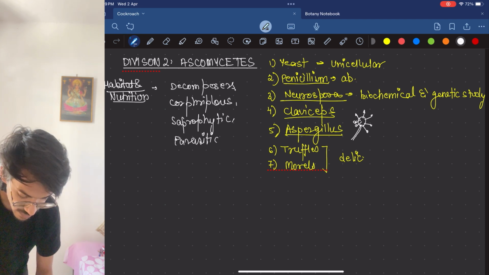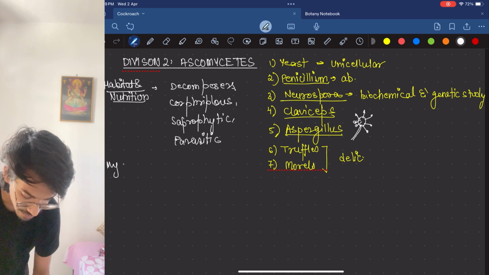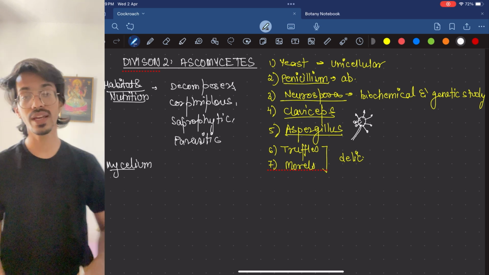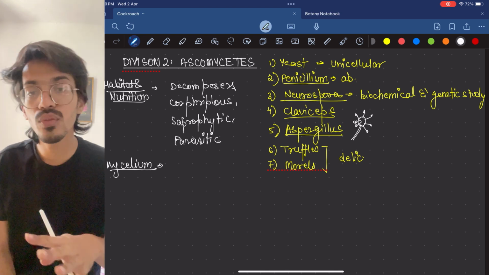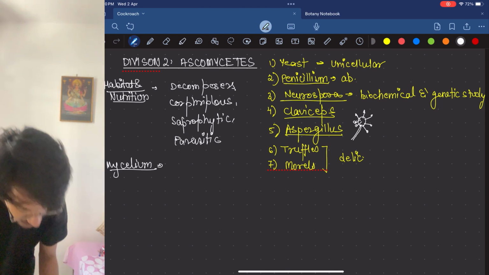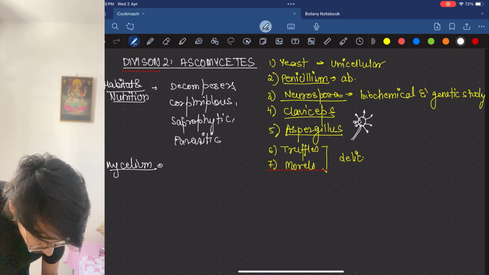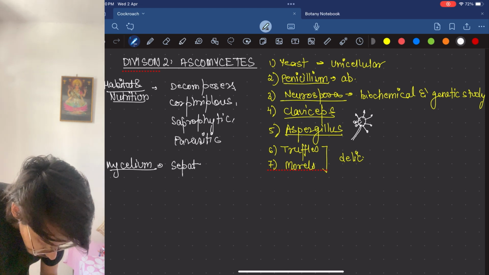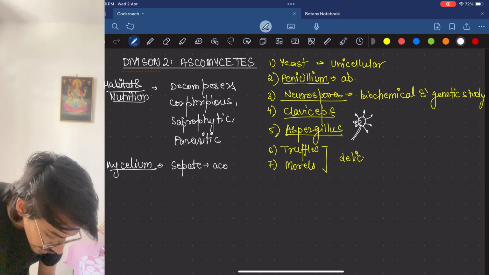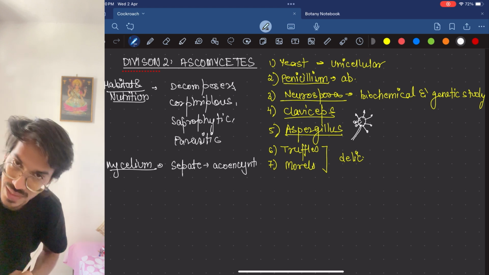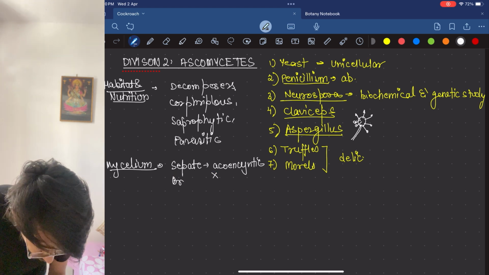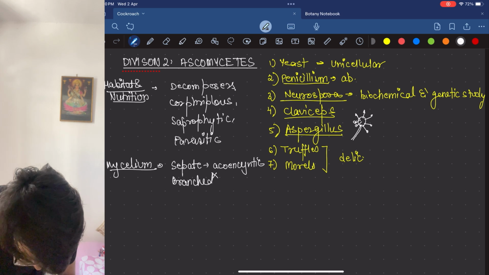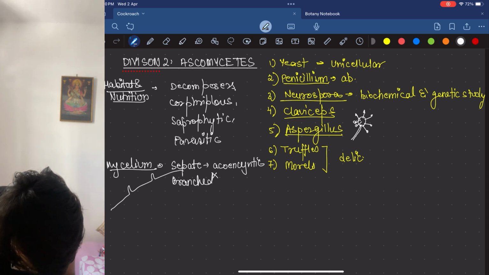Next is the body, that is the mycelium. The mycelium over here, and in the next two as well, has the presence of septa, so they are septate, meaning the coenocytic multinucleated condition is not present in them. And they are branched. So everything will look something like this.